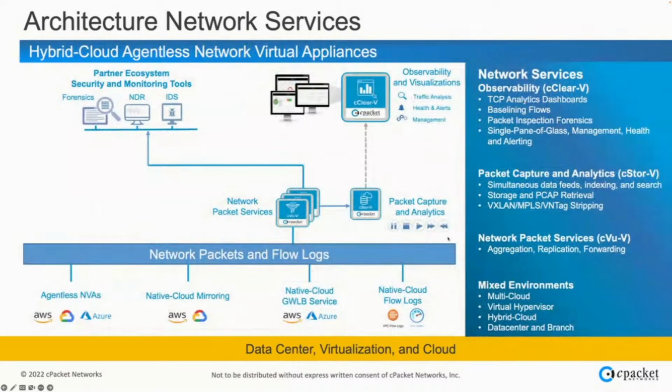So if we break this down a little bit more, as I peel back the onion, if we start with the network packet services with the C view for aggregation, replication, and forwarding, we then forward stream out to the C-Store V for packet capture analytics. This is where we provide simultaneous feeds, indexing and search capability.